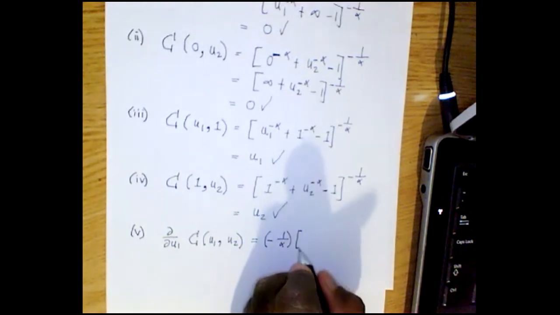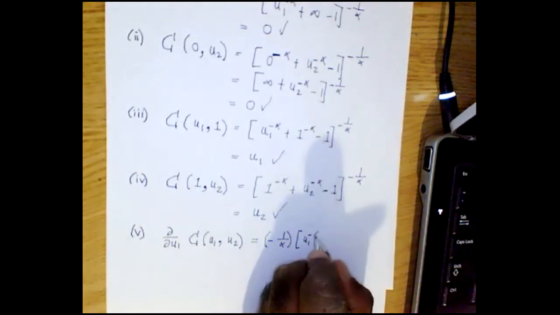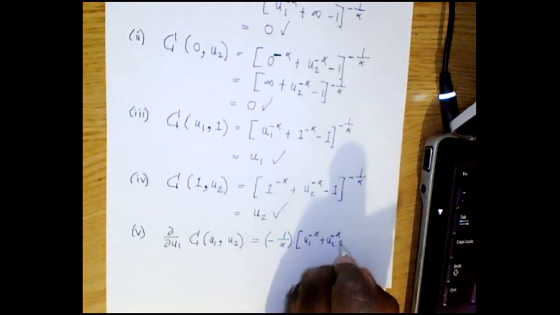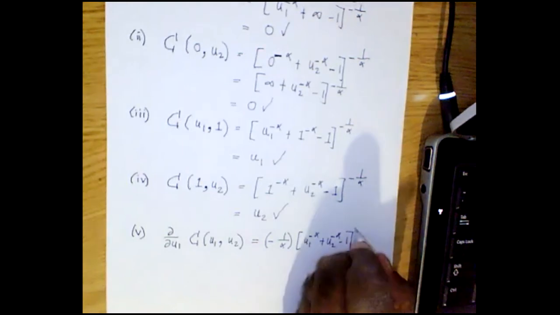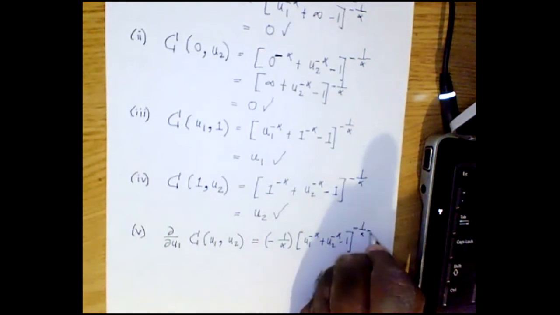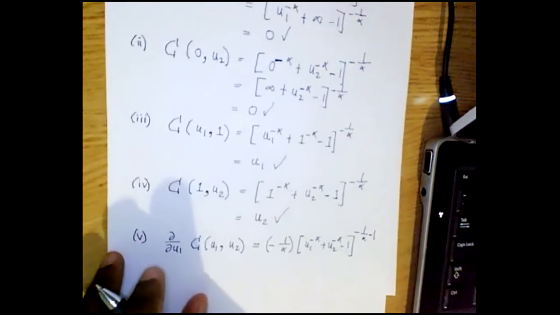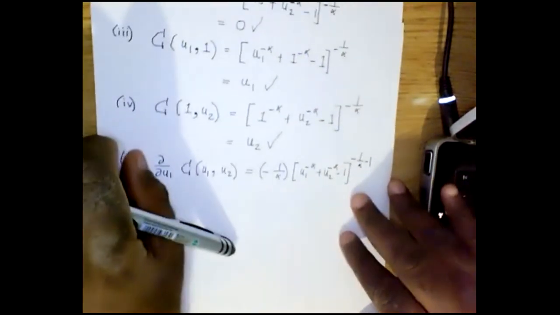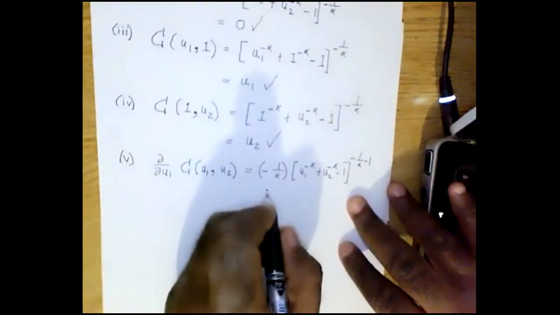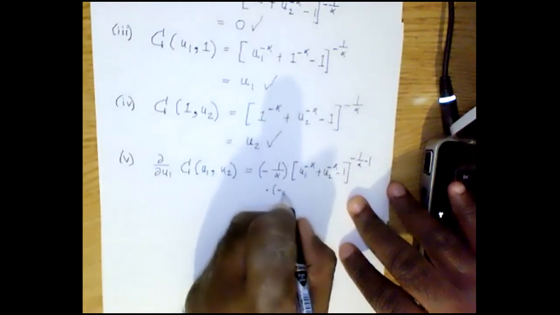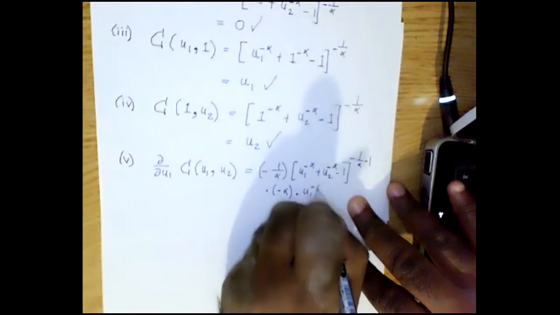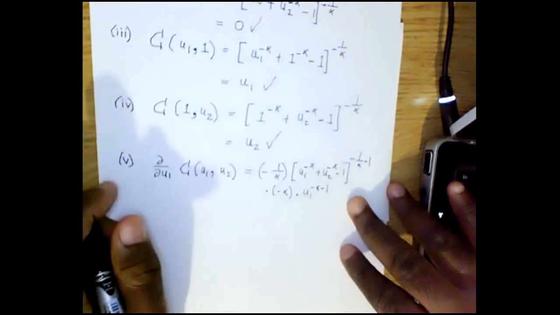Then multiplied by minus alpha times U1 to the power of minus alpha minus 1, right?